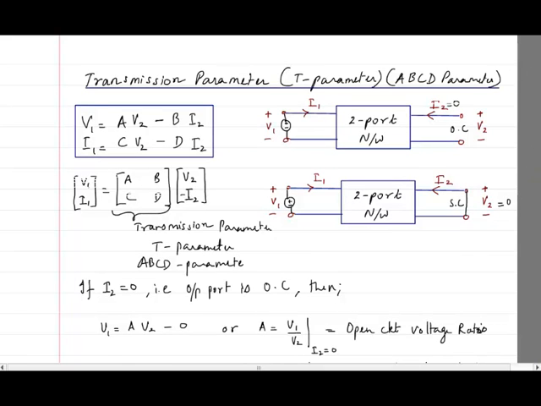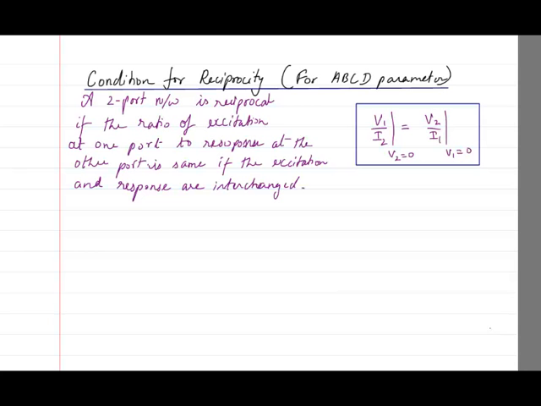Now let us look at the symmetry and reciprocity. For the condition of reciprocity, we will read the same statement that we did for impedance and admittance. The two-port network is reciprocal if the ratio of the excitation at one port to the response at the other port is the same if the excitation and response are interchanged.